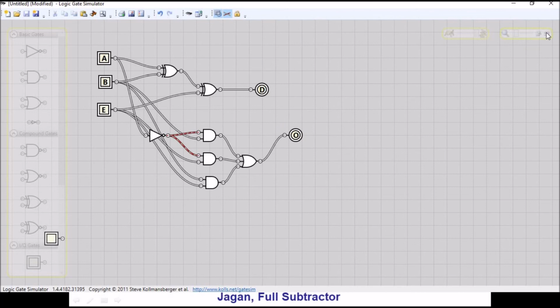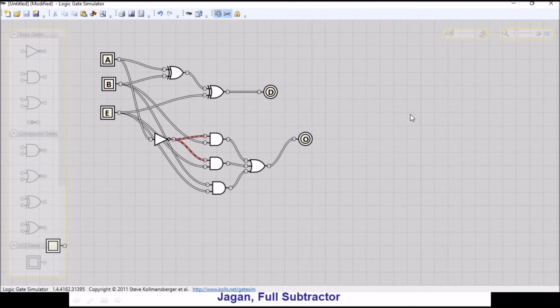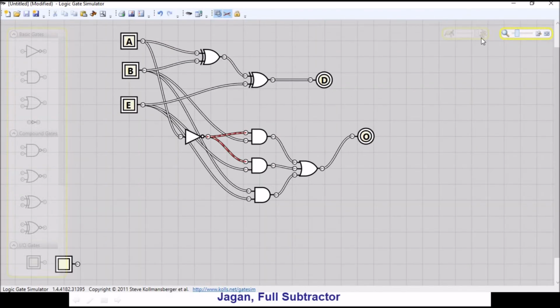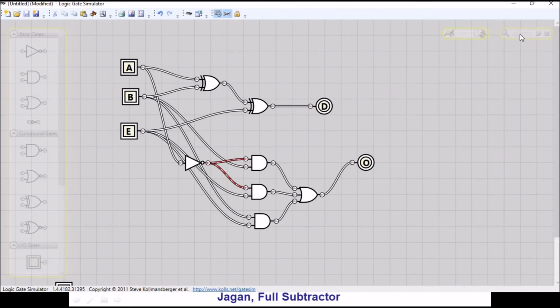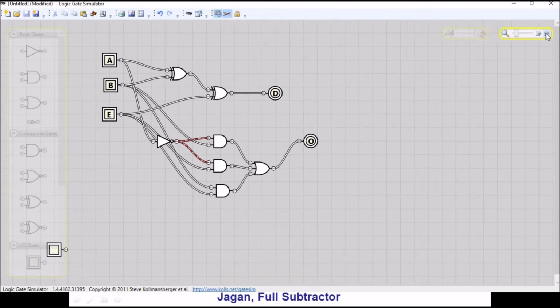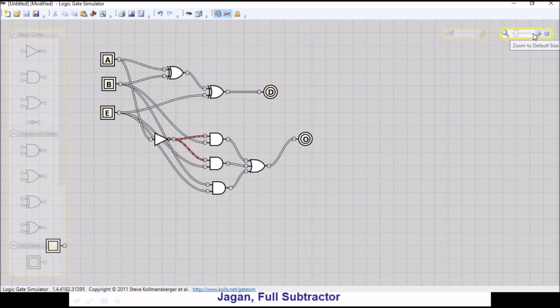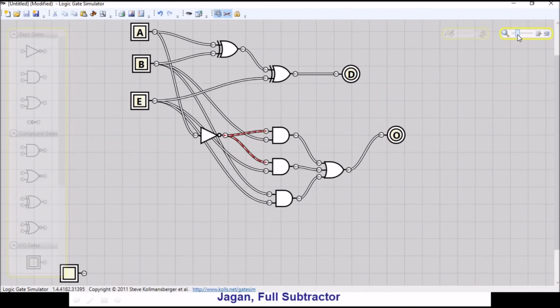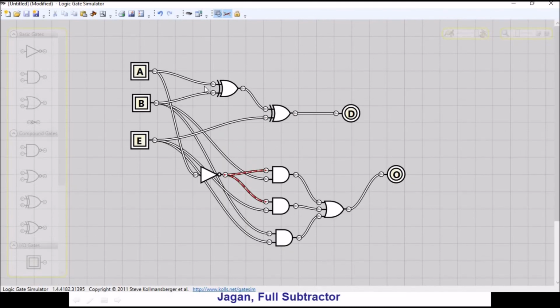Okay. So shall we verify? So now this is going to be your circuit. Okay.